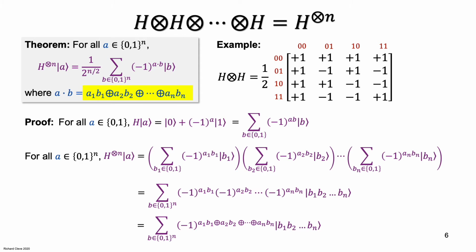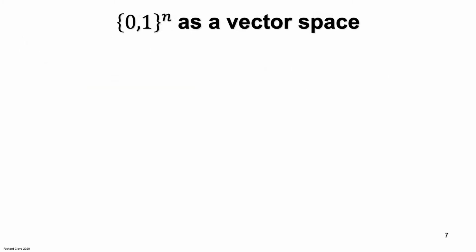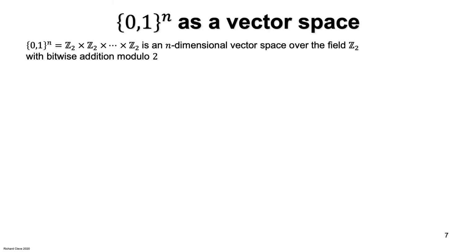Now, let's think of the set 0, 1 to the n, the set of all n-bit strings. It's often useful to associate these strings with mathematical objects, such as the integers 1 up to 2 to the n minus 1. But we can also think of the set as an n-dimensional vector space, where the components of each vector are 0 and 1, and the arithmetic is modulo 2.